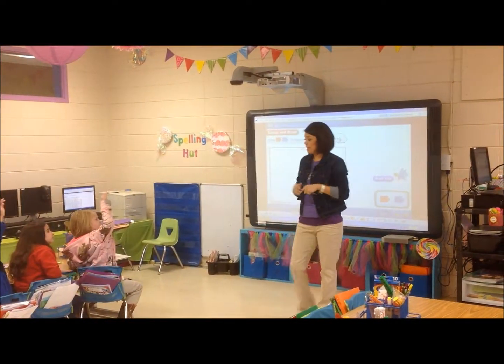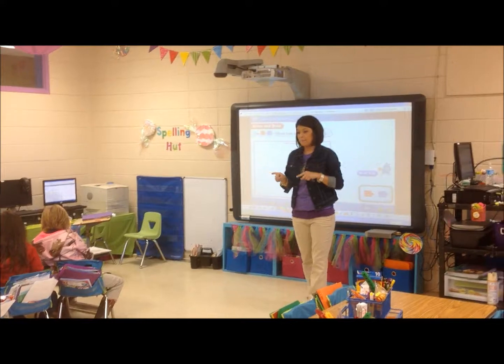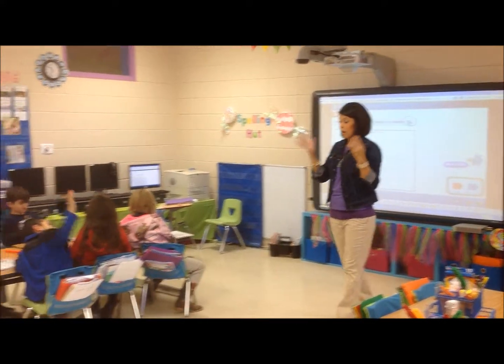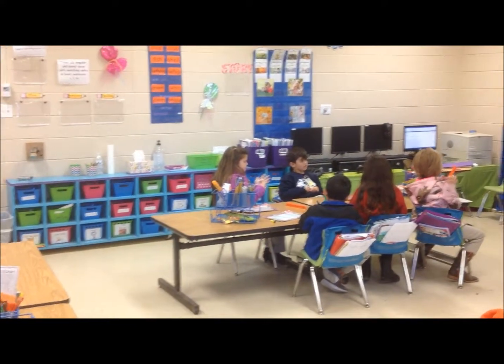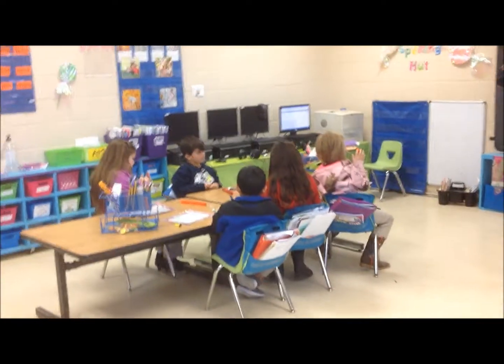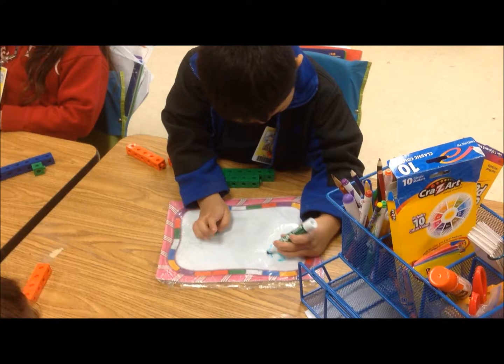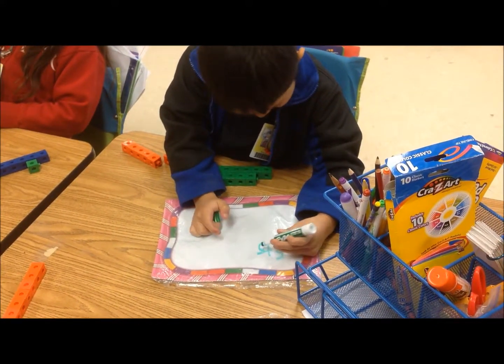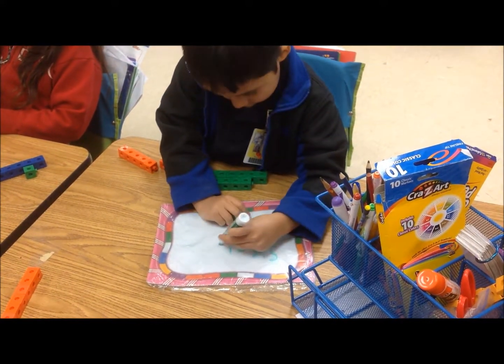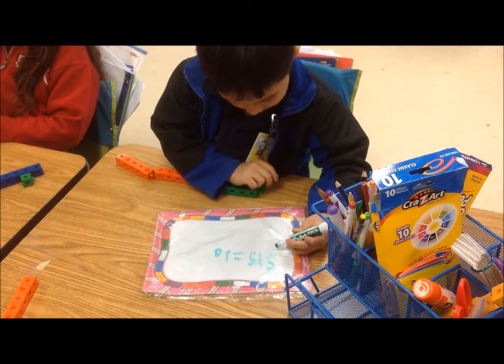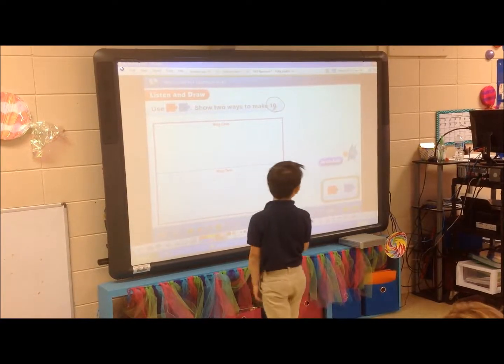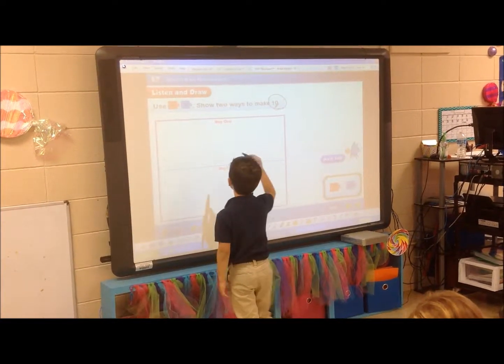Right now with your connecting cubes, figure out a way. Show me two parts that if I put them together, I get 10. Write it on your board. You can write it in either box.